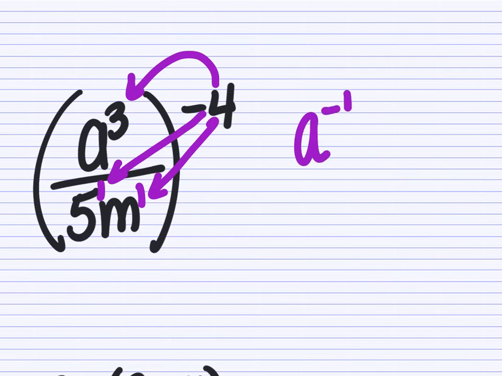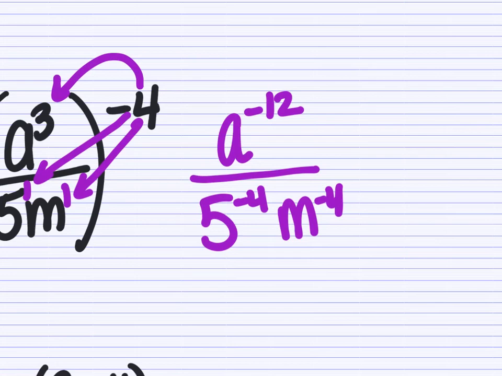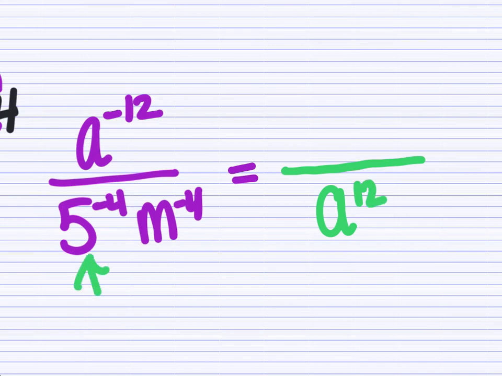You get a to the negative 12th over 5 to the negative 4, m to the negative 4. Now we can simplify this. And recognizing that when we have a negative exponent, it switches from top to bottom. So the a to the 12th is going to go to the bottom. And both in the denominator are going to go in the numerator.